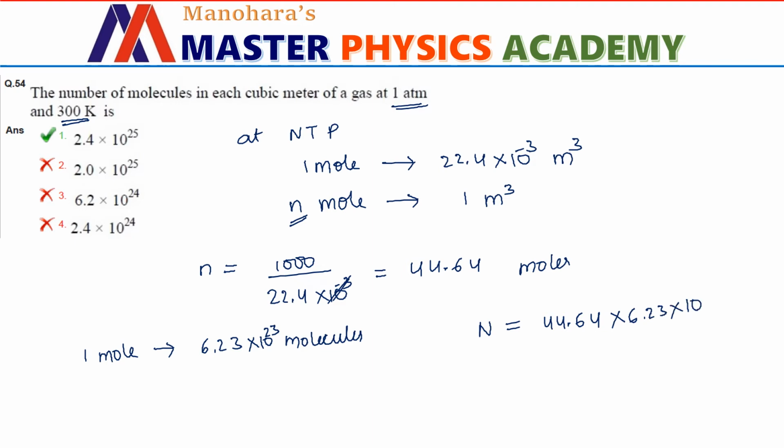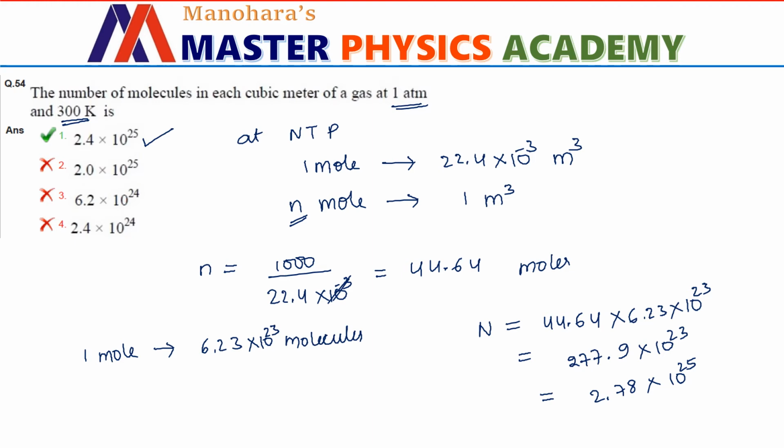Again I calculated using the calculator, and the answer I am getting is 277.9 into 10 to the power 23. So it is nearly 2.7 or 2.78 into 10 to the power 25. No option is matching this, but the nearest option is option 1, which is 2.4 into 10 to the power 25. So that is the correct choice.